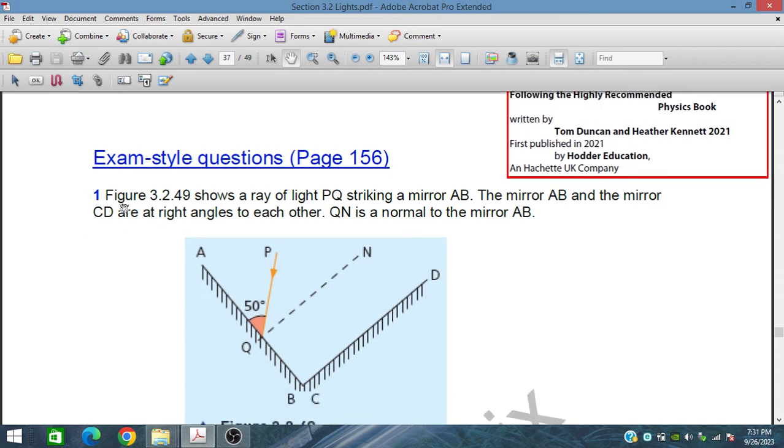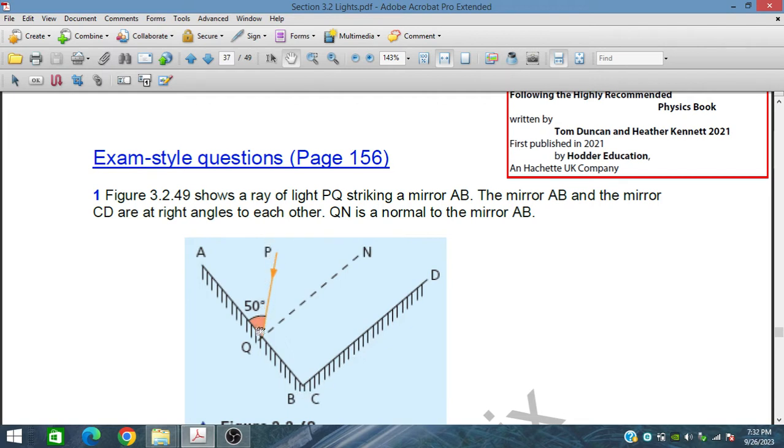Here is the first question. Figure 3.249 shows a ray of light PQ striking a mirror AB. The mirror AB and the mirror CD are at right angles to each other.